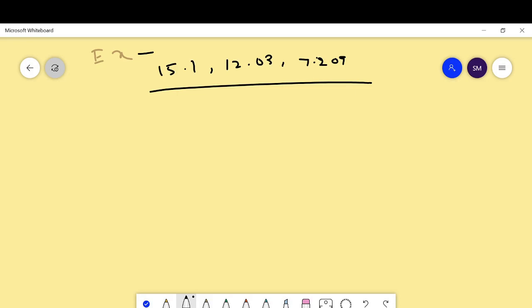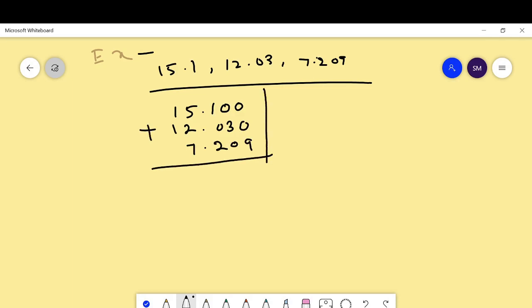If there are not the same number of digits, then by putting 0, as you know, 0 on the right side after the decimal does not change the value, convert them into like decimals. Suppose 15.51 can be written as 15.510, 12.03 can be written as 12.030, and then 7.209. Now these are all like decimals. You may add them.